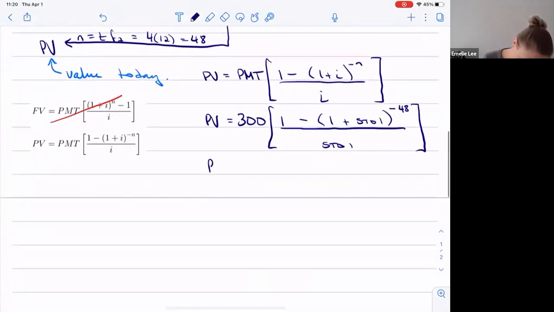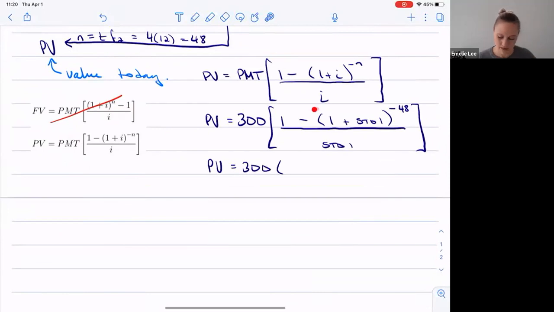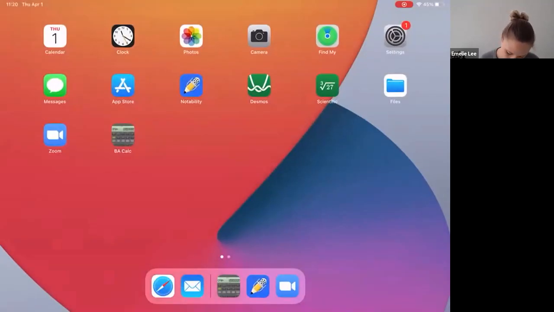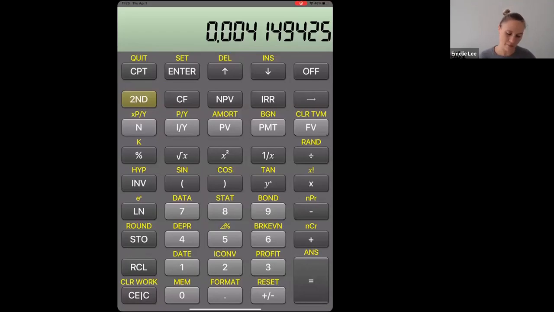So the present value, I'm going to simplify everything inside this bracket until I'm about to multiply by 300, and then I'll write it in. Just for fun. So I have my I2, which is the store 1. You want to start in the innermost brackets and then bloom out.